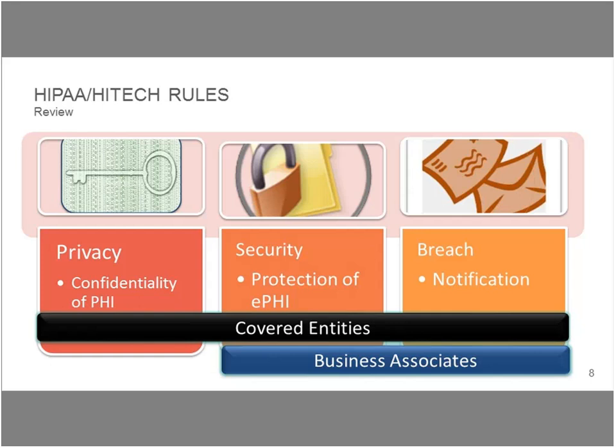You have to follow certain procedures in communicating with the patients, and with the state agencies if it crosses 500 individual records for a particular state. So the breach rule is about how you handle a data breach.